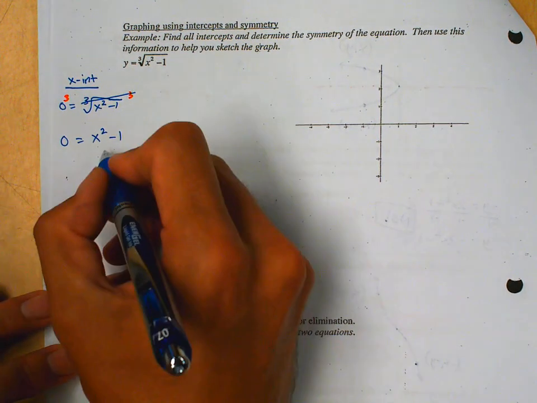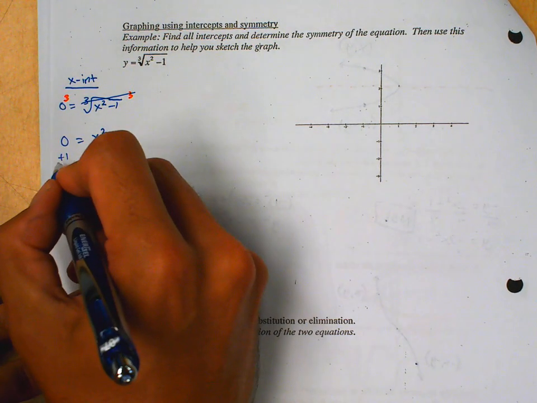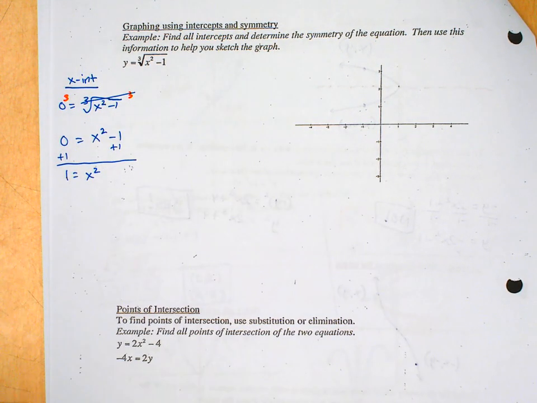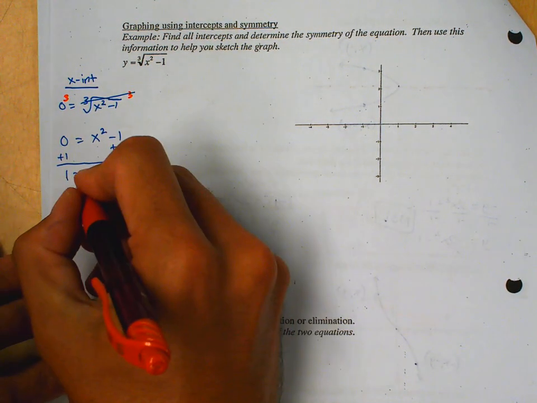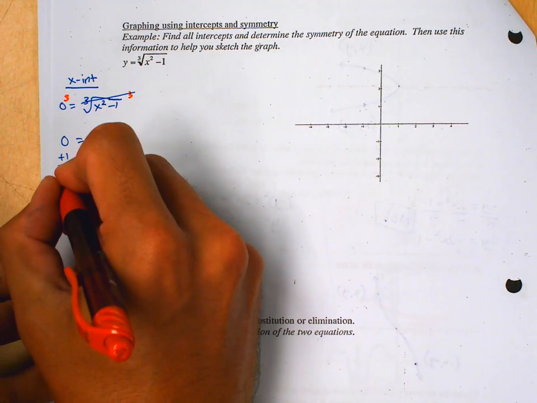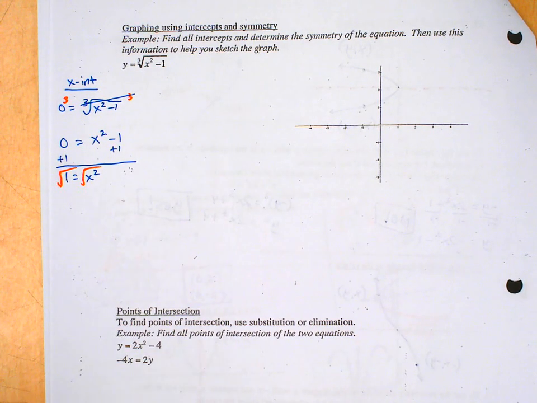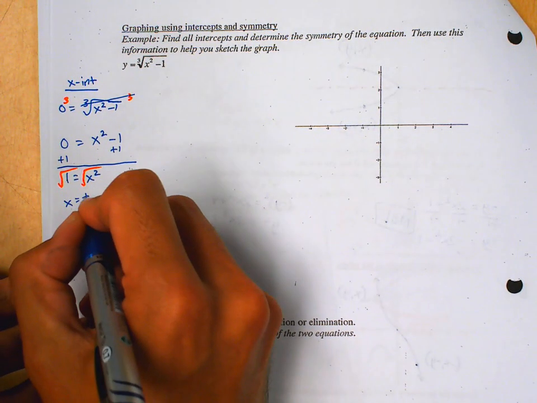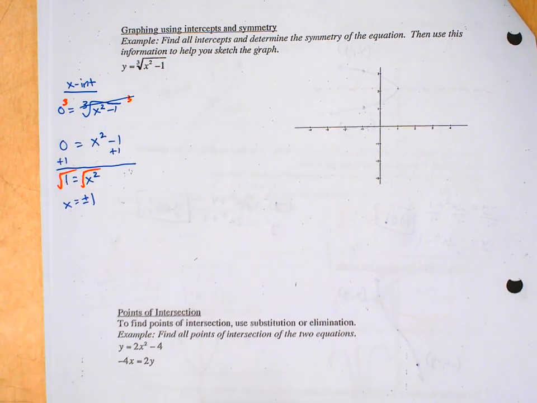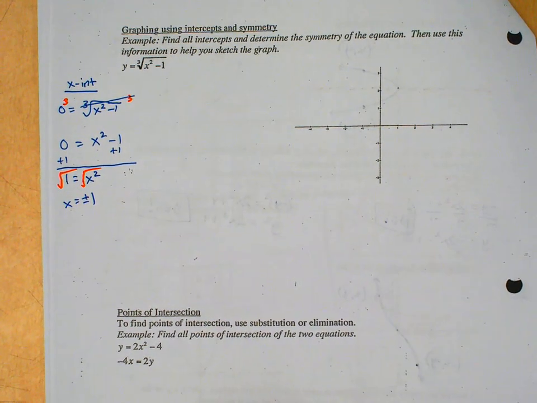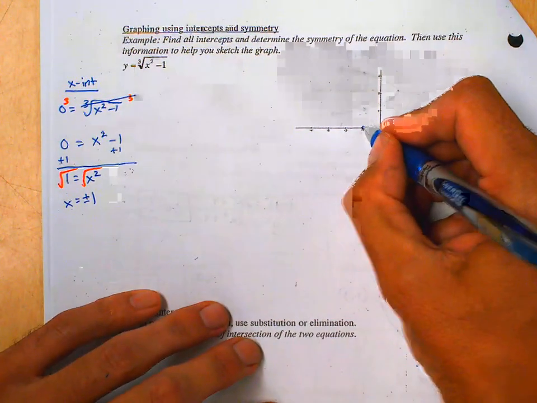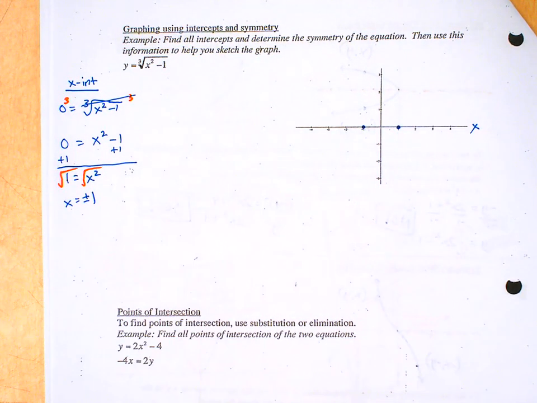And then we solve for x, plus 1, 1 equals x squared. Square root both sides. Remember, when we square rooting both sides of the equation, you should get x equals plus or minus 1. So what that means is if I look on my graph, I know that there are x-intercepts at negative 1 and positive 1.